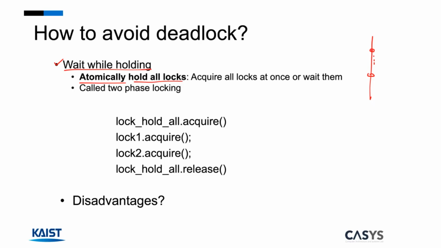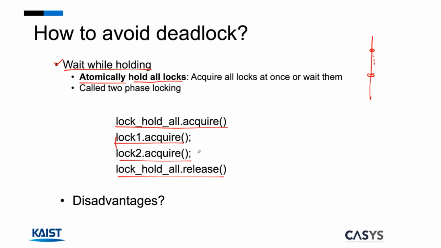You want to make this hold operation atomic. How? You need to introduce a new lock, a meta lock, which protects the acquisition of the two locks. You hold it internally, and after you finish, you release it.